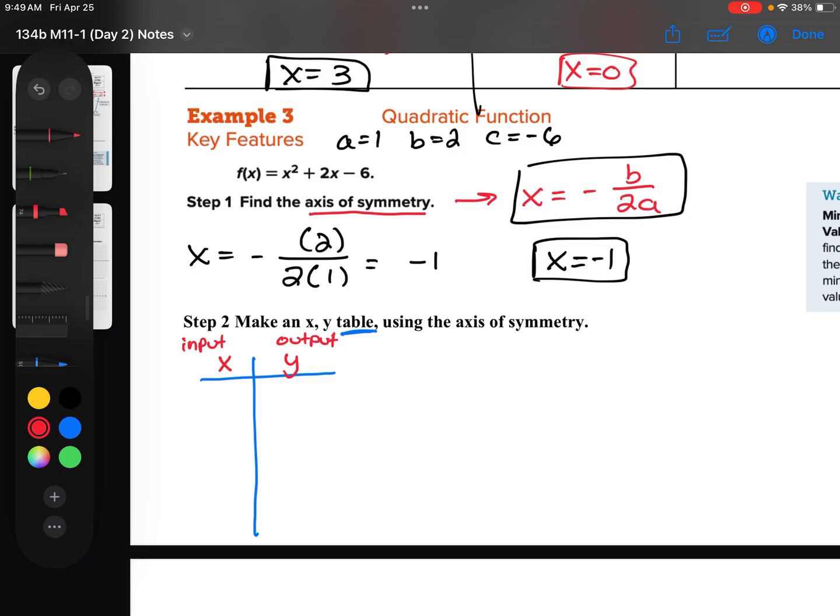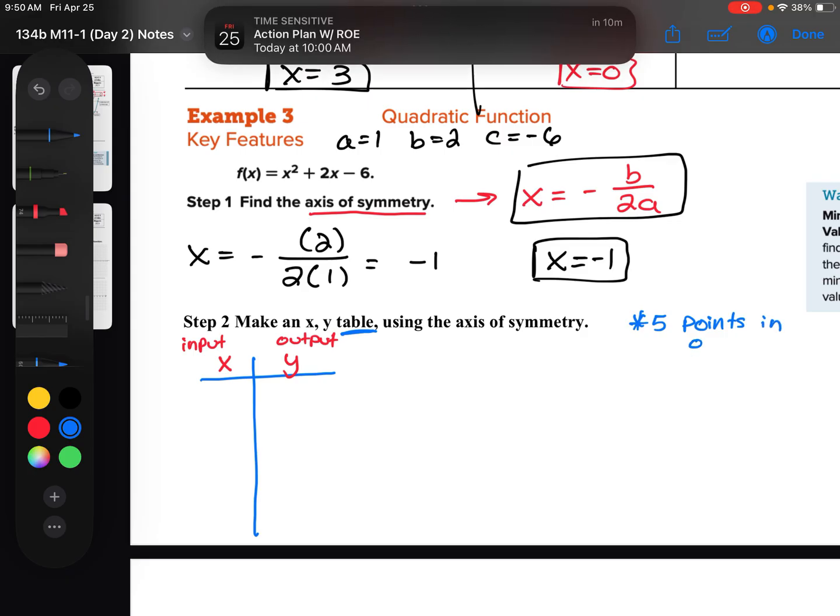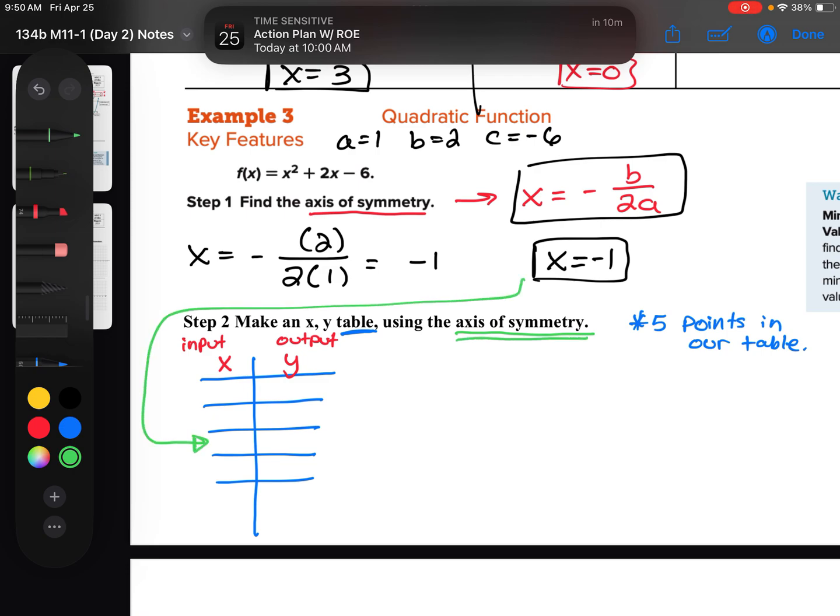So how do we set up the table? We are going to need 5 points in our table. Okay? So now I have 5 slots. I'm going to take my axis of symmetry, and this is going to go in the very middle of our table.